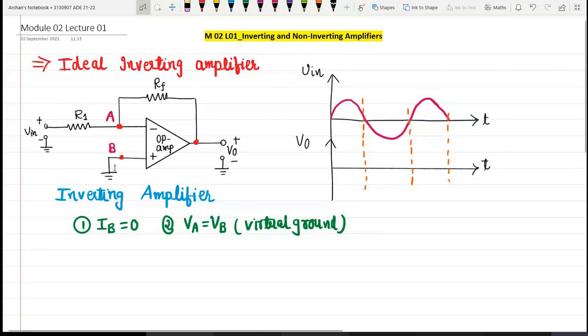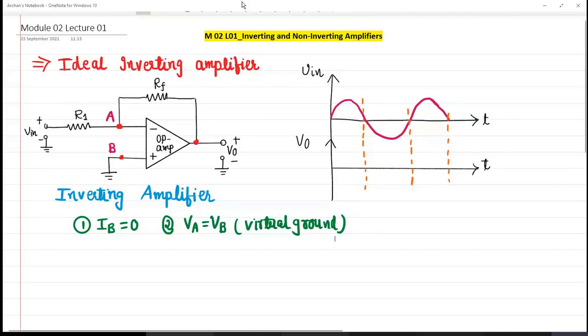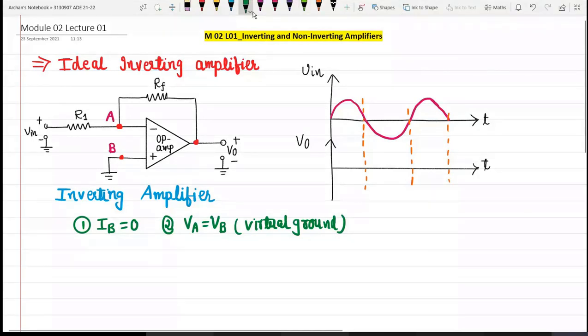Based on these realistic assumptions, the current IB will be equal to 0. So whatever amount of current starts flowing from the supply voltage, this entire amount of current will flow in this particular direction, as you can see. Let us say this current is I.